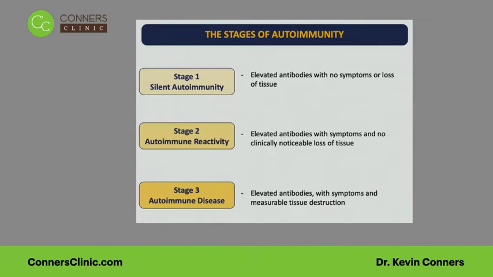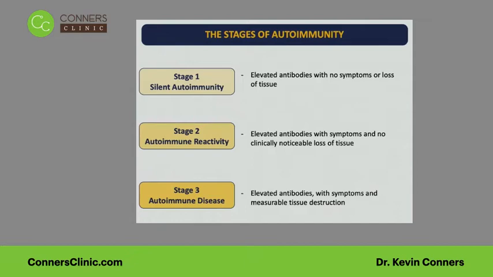The goal in treating a person with autoimmune disease is not to take this person on in stage 3 and think that they're not going to have autoimmune disease. The goal is to get them into a more silent state, a state where they may still already have tissue destruction, yes, but you're calming down the immune response. You're not getting continued tissue destruction, and you're calming down their symptoms.